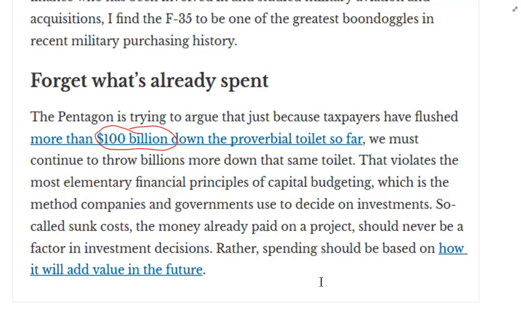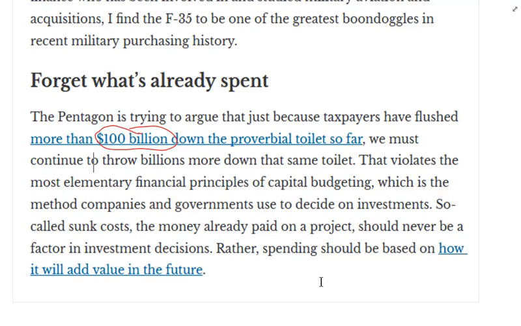It's similar to someone who owns a stock that has gone down, and they say, well, I can't sell because I've lost so much money. I have to wait till it comes back up. But it's irrelevant what's happened already. What you should be concerned about for the F-35 fighter is what are the benefits versus the costs in the future. What you should be concerned about with any stock you own, no matter whether you're losing money or gaining money, is what's the probability it's going to go up versus the probability it's going to go down.